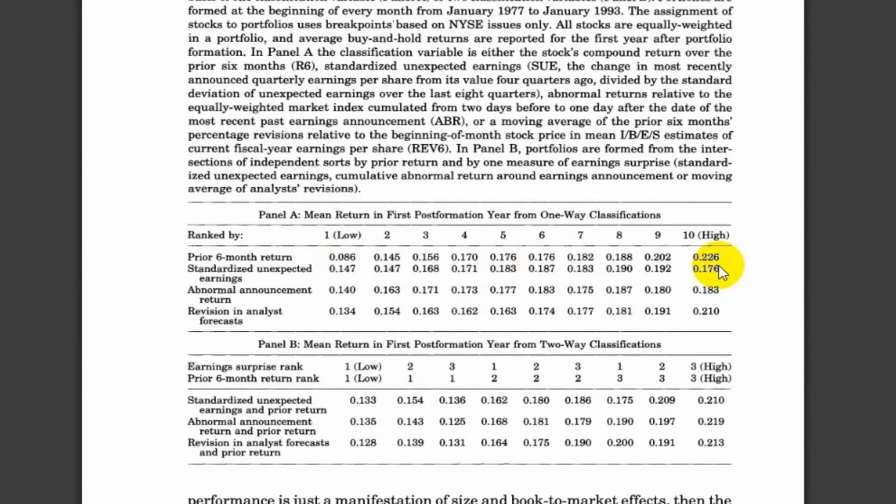And here we see, looking at the different earnings surprise measures, there's still a small difference between the top and the bottom ranked portfolios, with the analyst revisions being the largest of the earnings momentum pieces, as was found in prior tables.